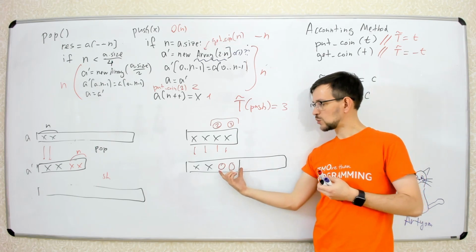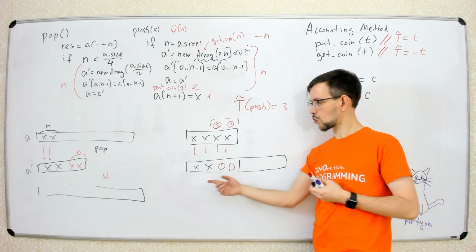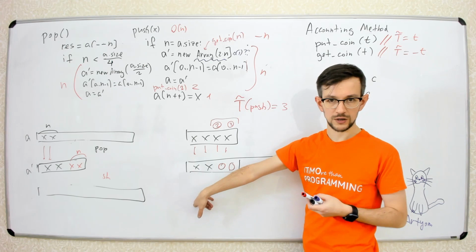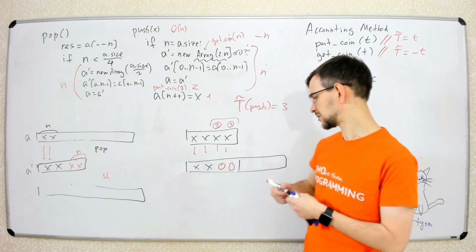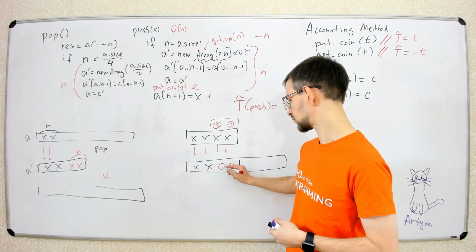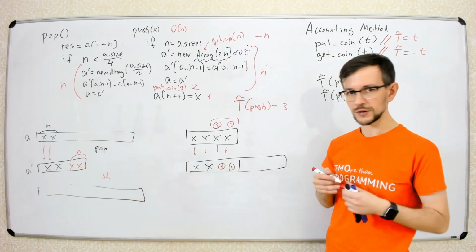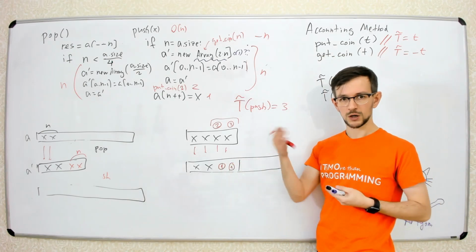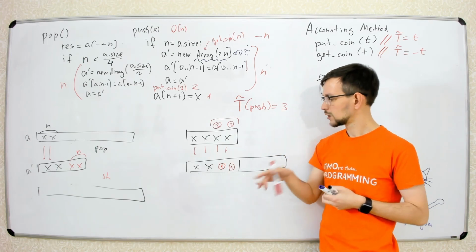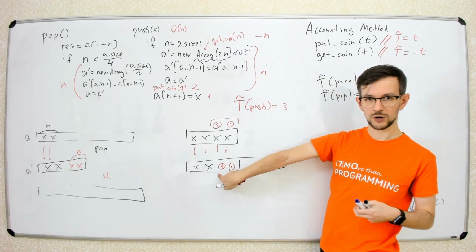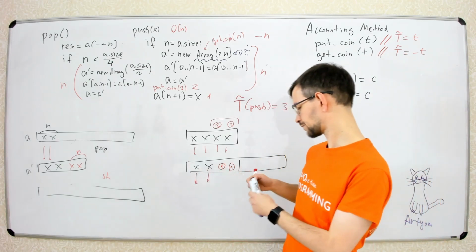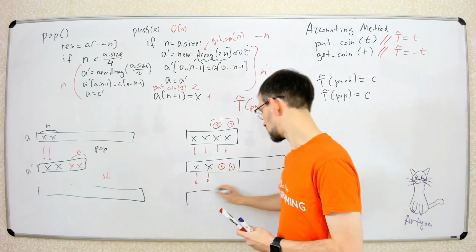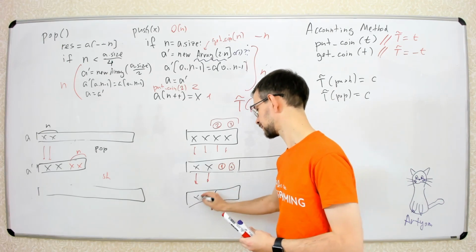And we need to have enough coins to copy these elements to the next array. We'll have n elements here, so coins of size 1 are enough. So we have coins of size 1 on each empty element after we pop some element from the stack. So we saved n coins here. We just use these coins to copy these elements to this new array.